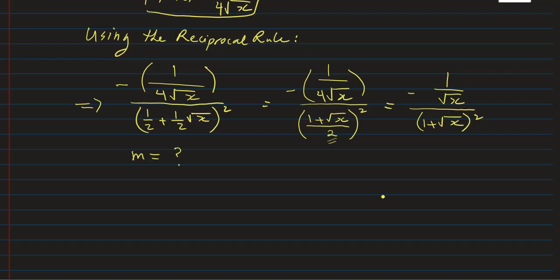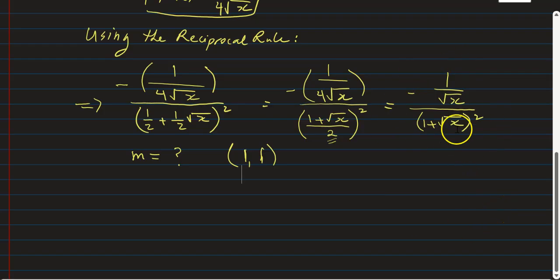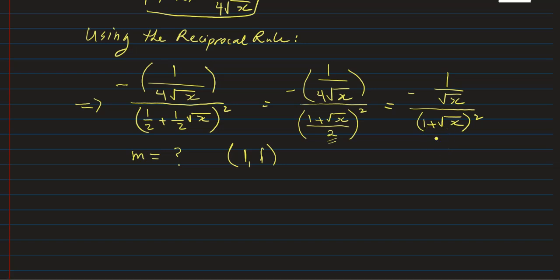Because we have the point (1, 1), and what we found is the slope of the tangent line in terms of the value of x, this is m. Now we just choose the point, 1 for x as the coordinate, plug it in there and find out what that is.